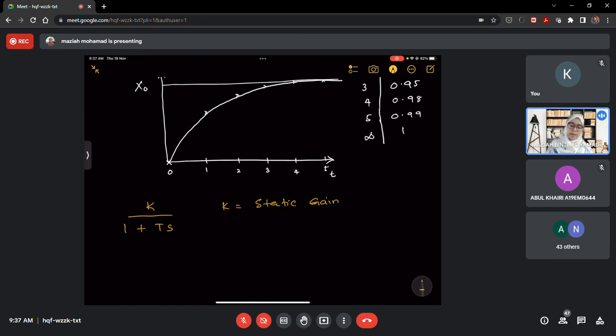As for T here, T is the time constant. The time constant is defined as the time taken to reach 63.2% of final value.